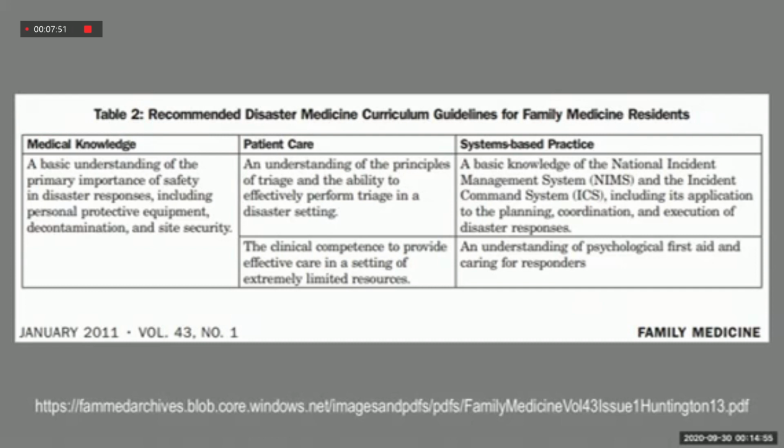They classify them according to knowledge, patient care, and systems-based practice. In terms of knowledge, the following are must-knows in providing safety in disaster responses, including wearing your PPE correctly, how to go about decontamination for poisoning cases, and even site security.